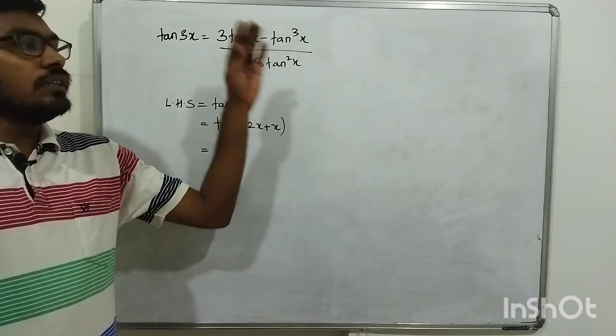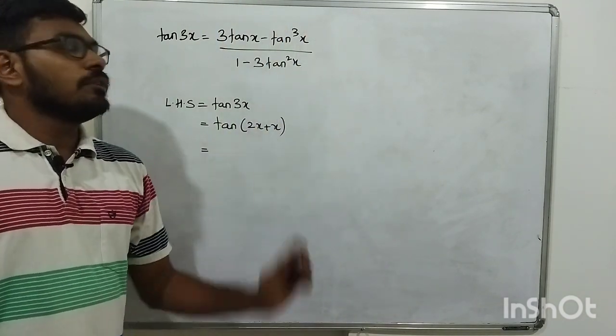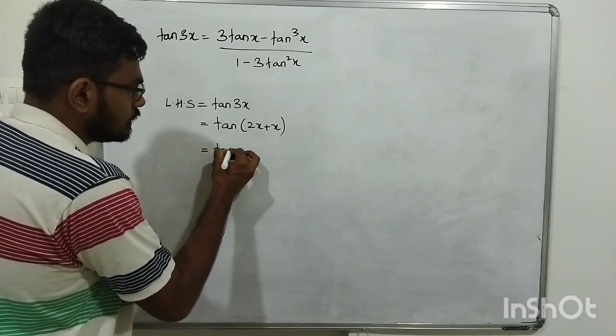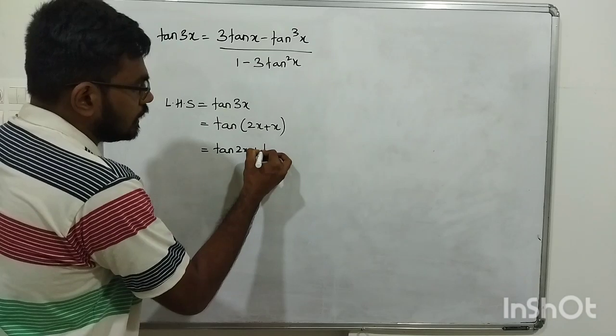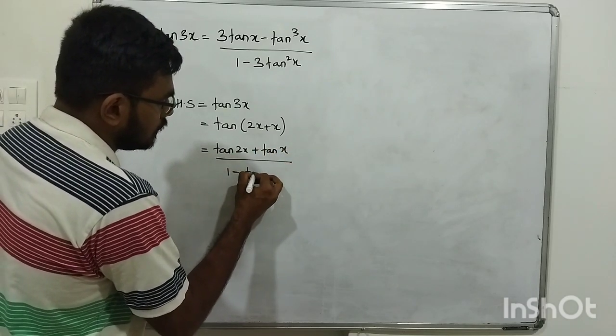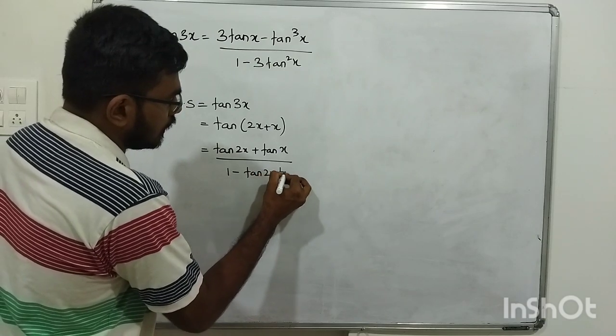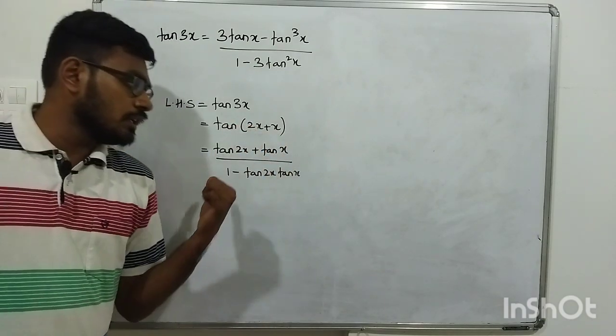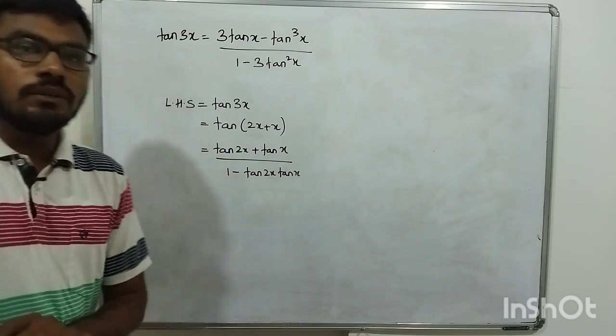We don't need all the other formulas, only tan formulas we need to remember. So tan of x plus y is tan x plus tan y upon 1 minus tan x into tan y, correct?